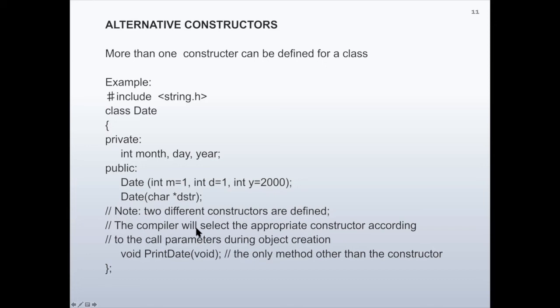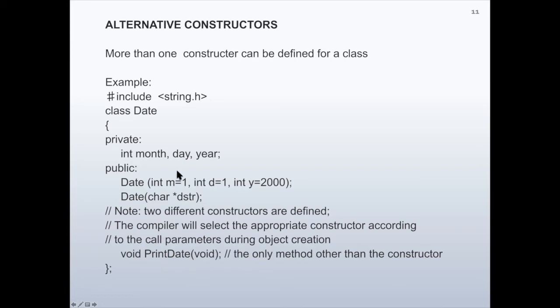The compiler will select the appropriate constructor according to the call parameters during the object creation. And in addition to constructors, we have only one method, which is print date. There is no input and there is no output, but when this is applied on a date object, it is going to be used to print the date.